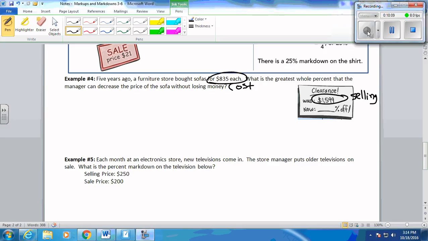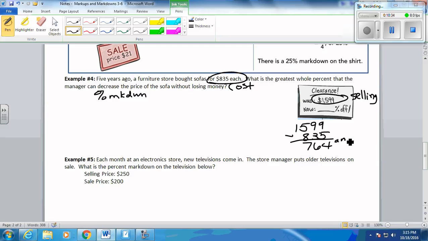So again, if I'm thinking to myself that I'm finding the percent markdown, I have to first find how much can it be marked down from the selling price to how much he actually paid for it. So I have to take the $1,599 and subtract the $835 because that's the cost, and the $764 will give me the amount of markdown.